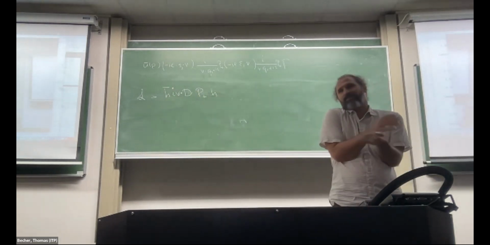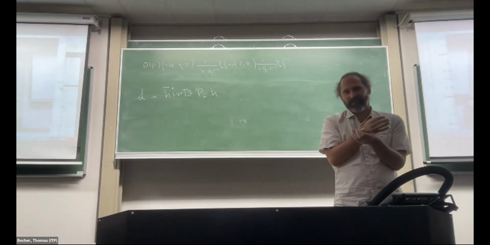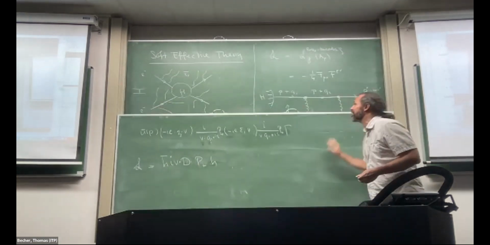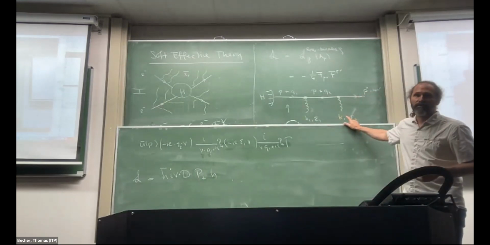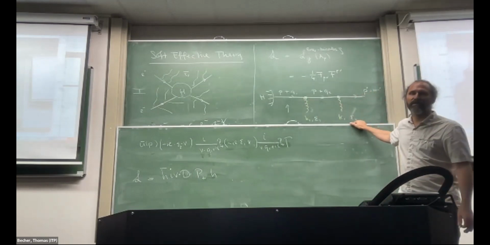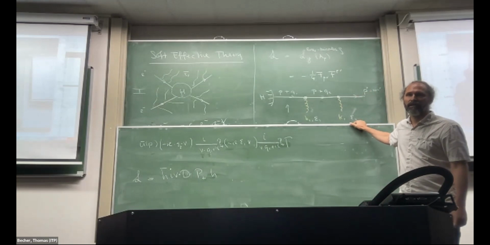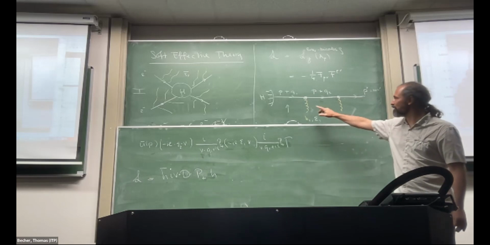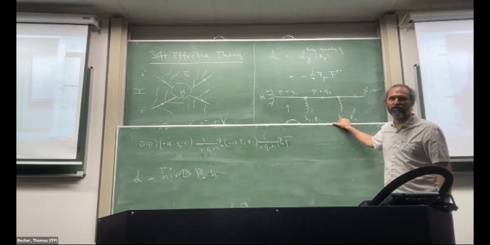I've just said, let me find some Lagrangian, and this Lagrangian is such that it gives me exactly these expanded diagrams. And at least at the tree level, now I can get all these soft emissions correctly. And then a little bit later, I will argue that this is not changed by loops. The same Lagrangian is valid also at loop level. So this is really the Lagrangian for soft photon emission.